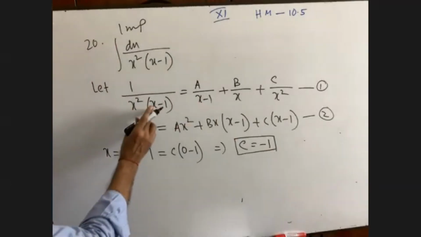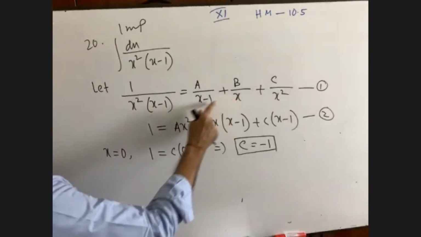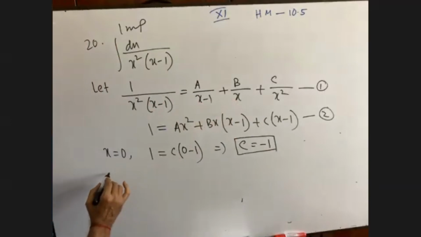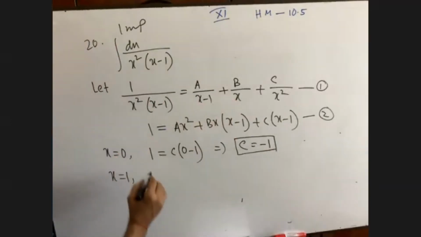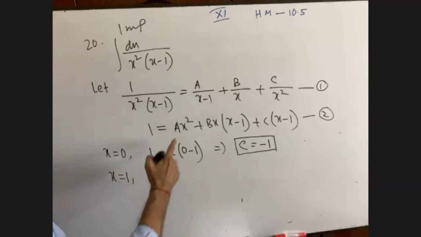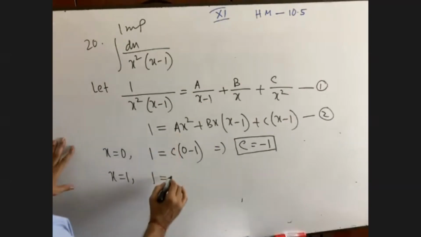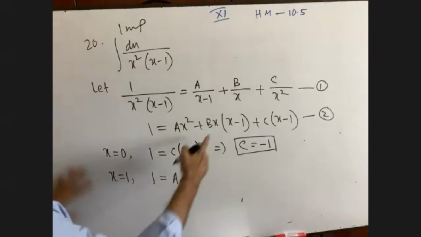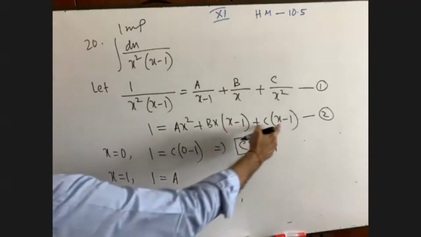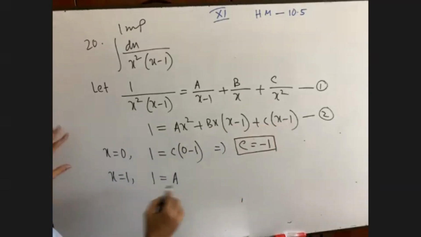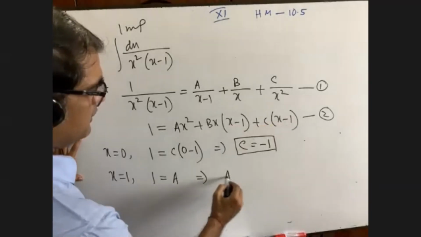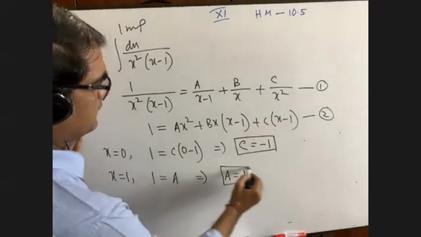Now you put x equals to 1. Then we are getting 1, so it is a. And this is 1 minus 1, 0, 1 minus 1, 0. So we have got a equals to 1.